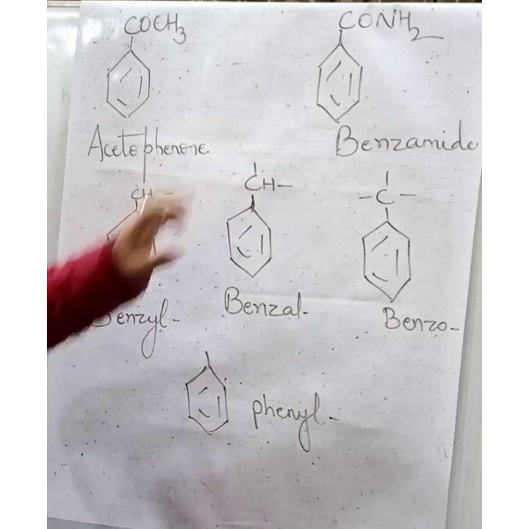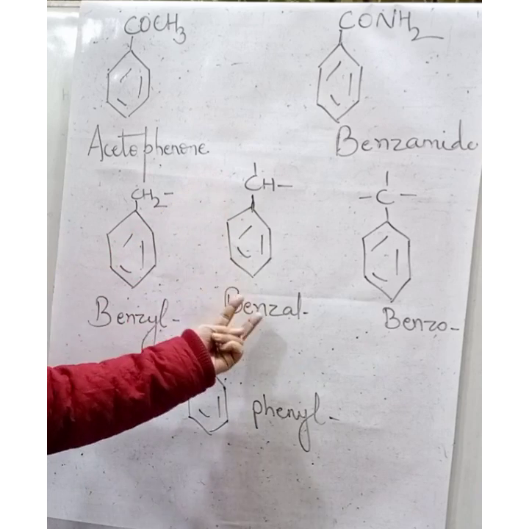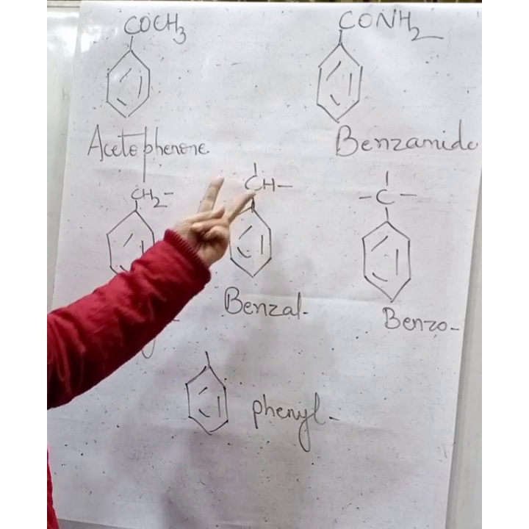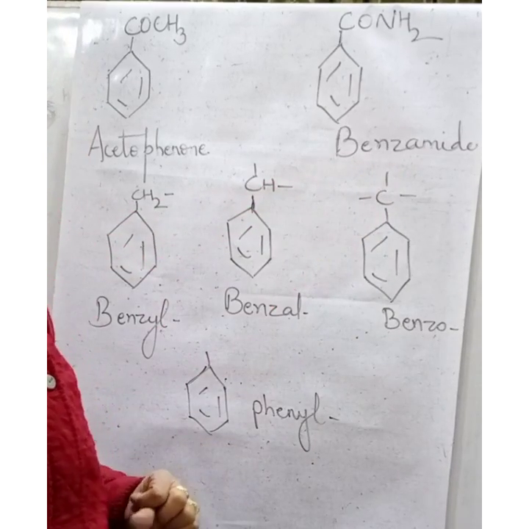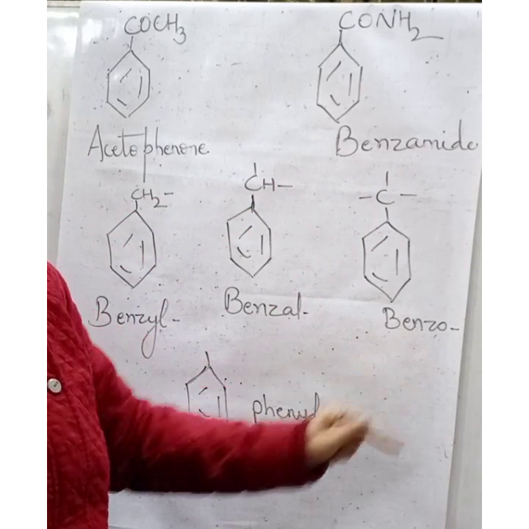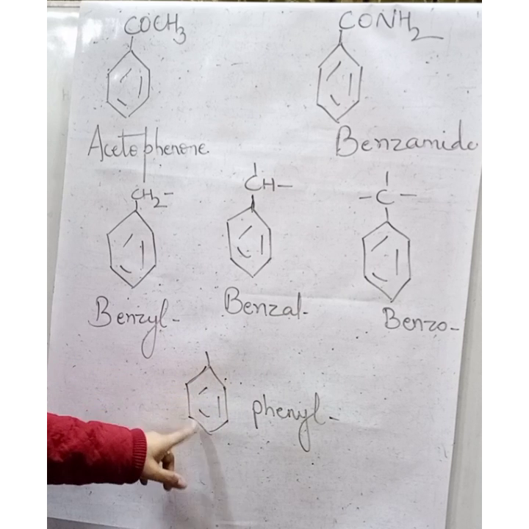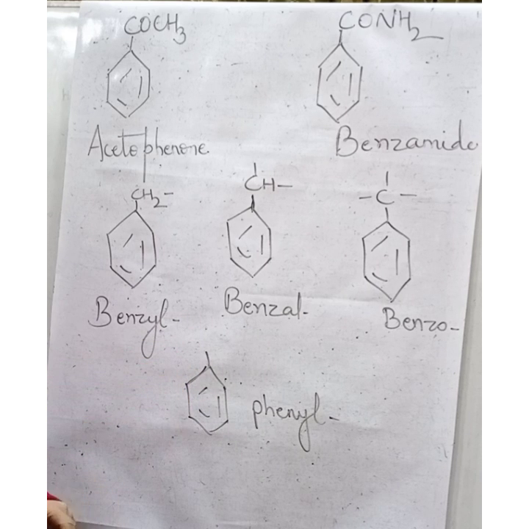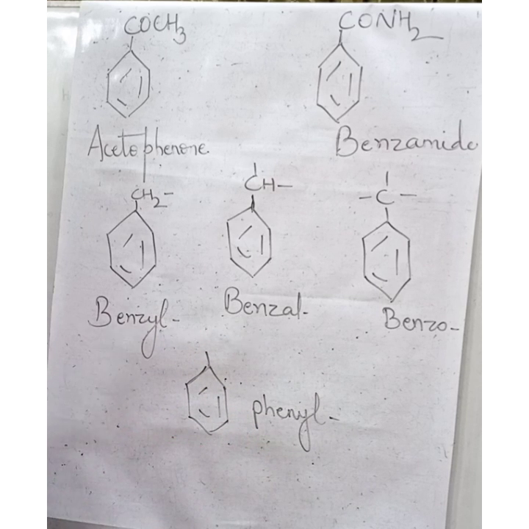Instead of this, suppose double bond O is there, so we have benzaldehyde. Similarly, if 2 hydrogens are replaced, then it is the benzal group. If all 3 hydrogens are replaced, we call it benzo. And if from the benzene ring 1 hydrogen is replaced and substituted by any other group, then this particular group is called the phenyl group.